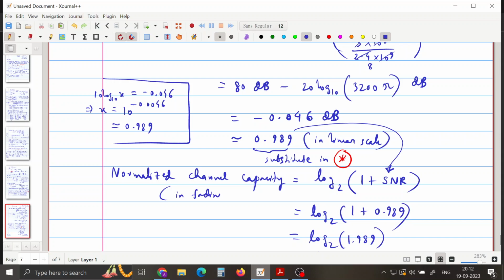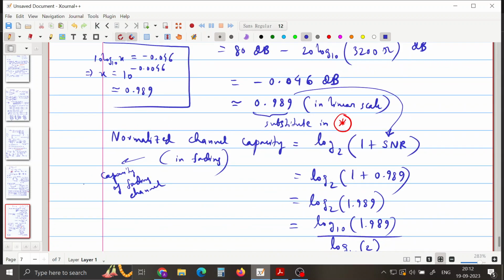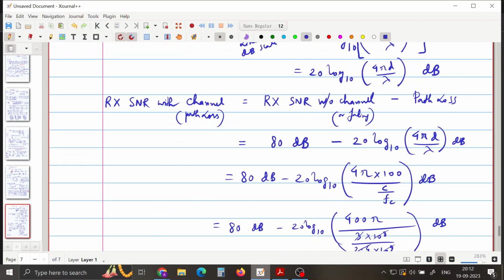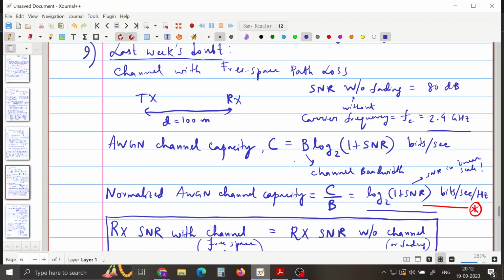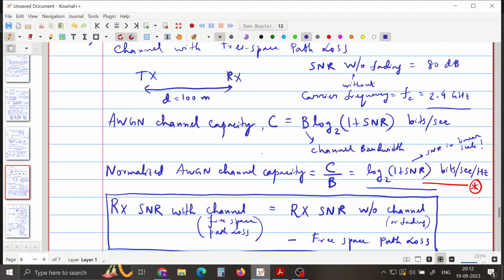This is the capacity of a fading channel, and of course I mean normalized capacity. The previous one was a general statement, the AWGN channel capacity. It automatically implies without fading, but it applies to the fading scenario as well.